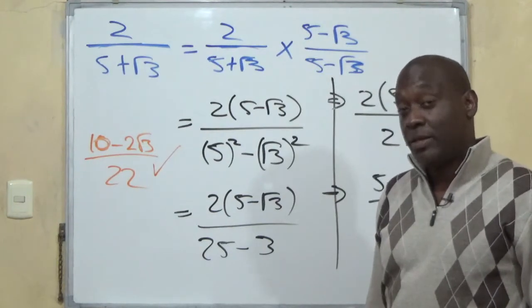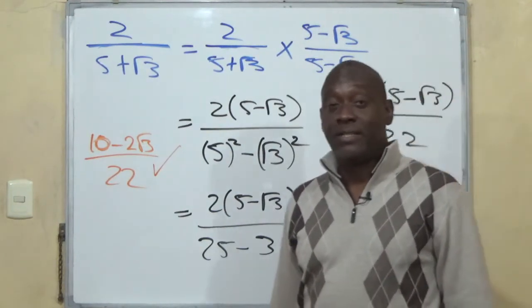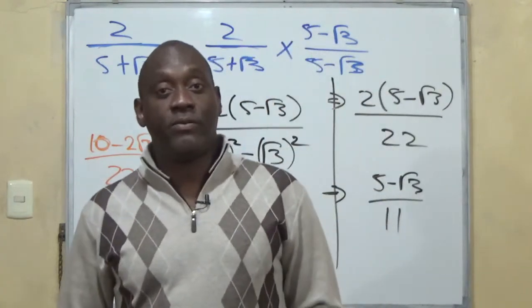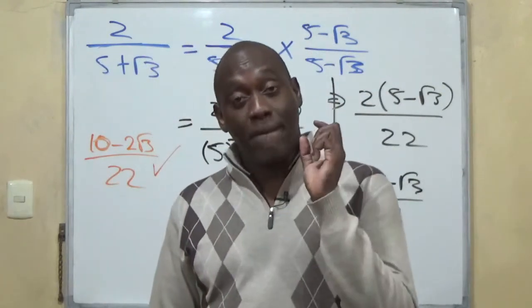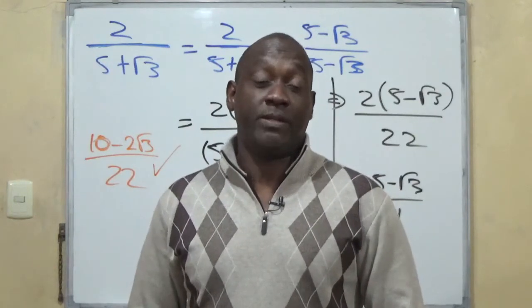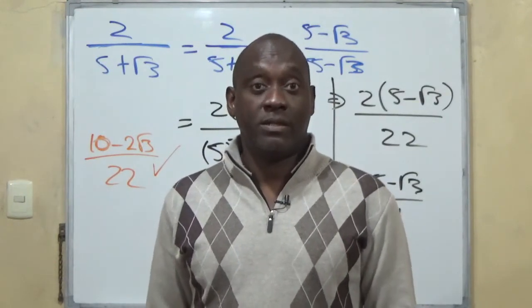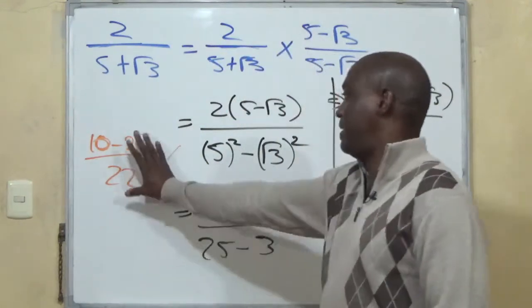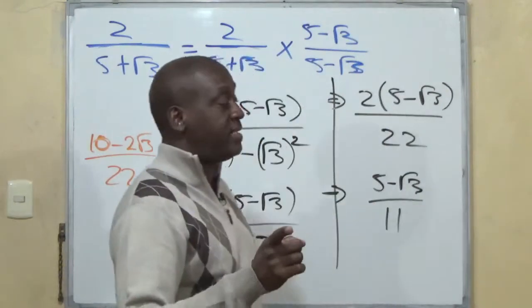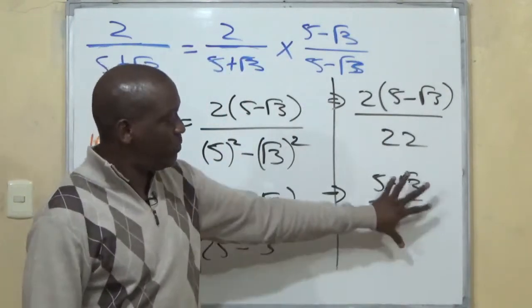But you may find yourself in a situation where the question by its very nature requires the simplest possible form of the answer. Sometimes that is how it is. Sometimes you might be in a situation where this is acceptable, no problem, you take it and you run. But you might find yourself in a situation where this is what is required.